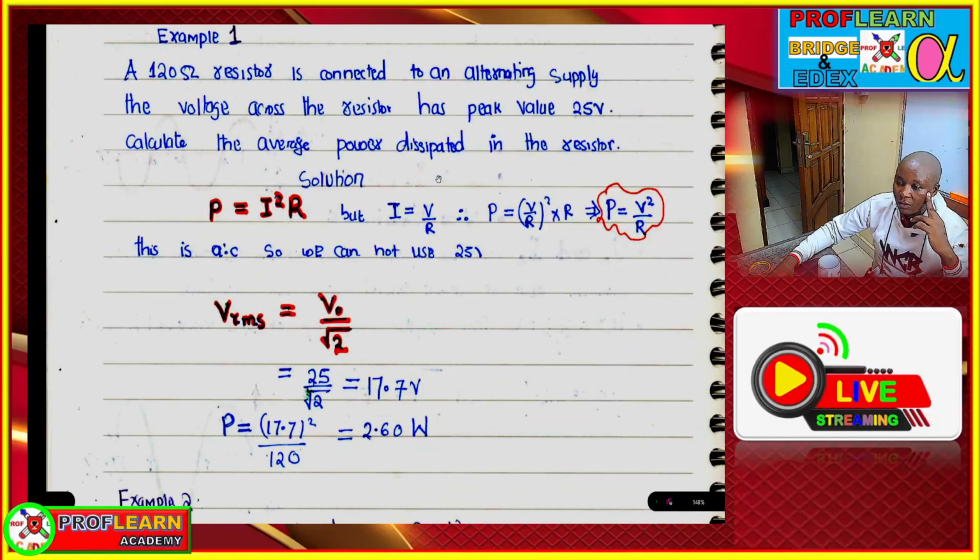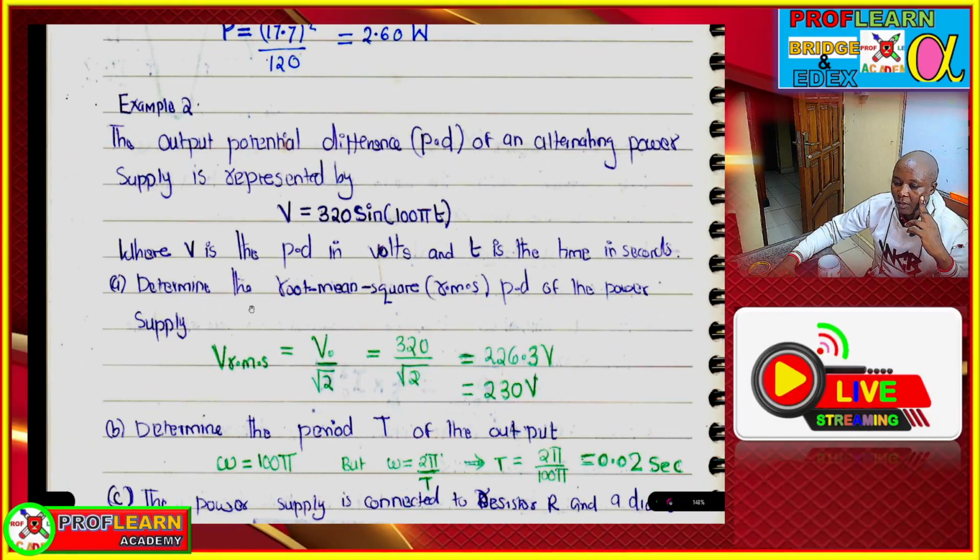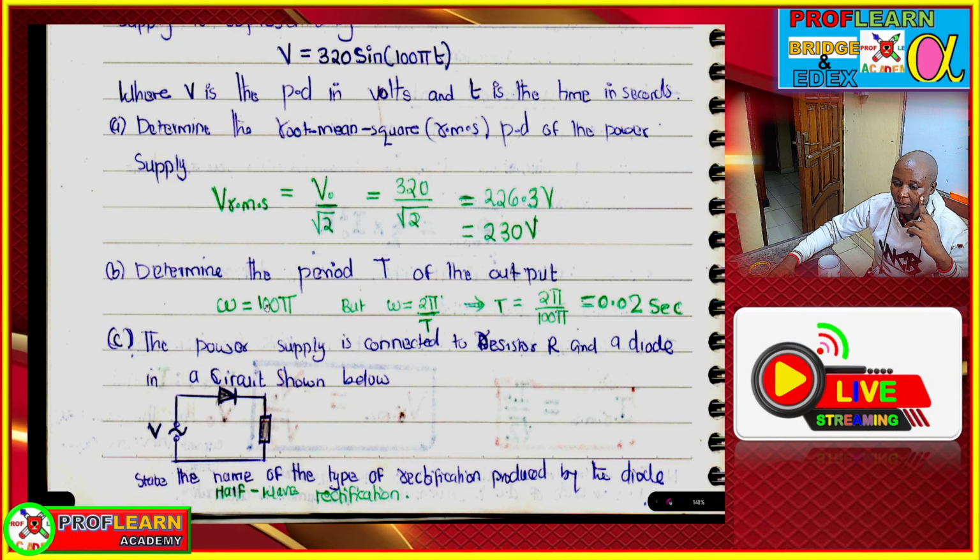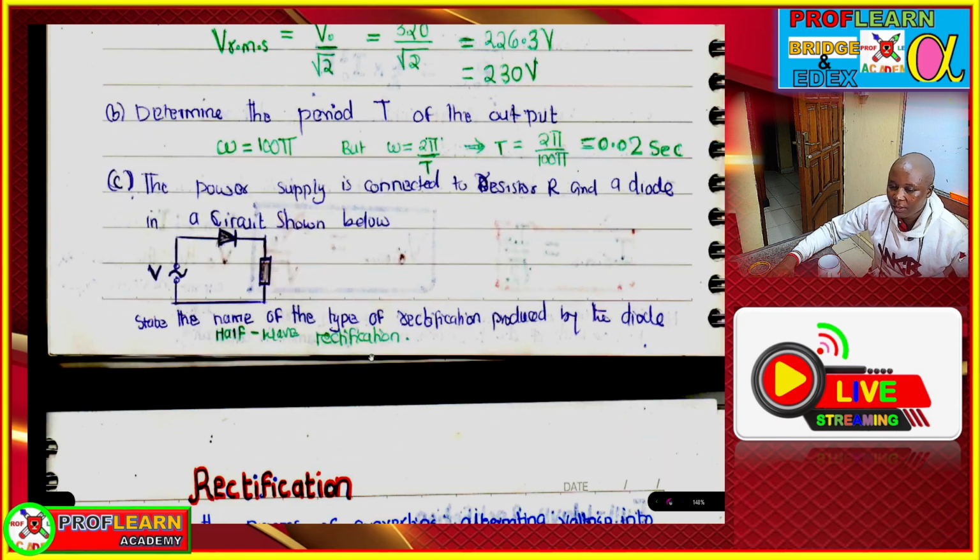So we say that 100 pi equals 2 pi over T, because we are finding the period. Using 2 pi over T, our final answer is 0.02 seconds.